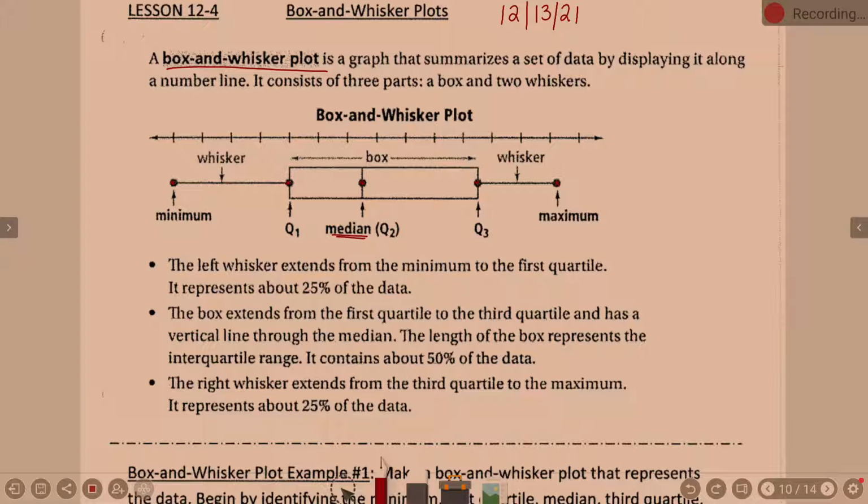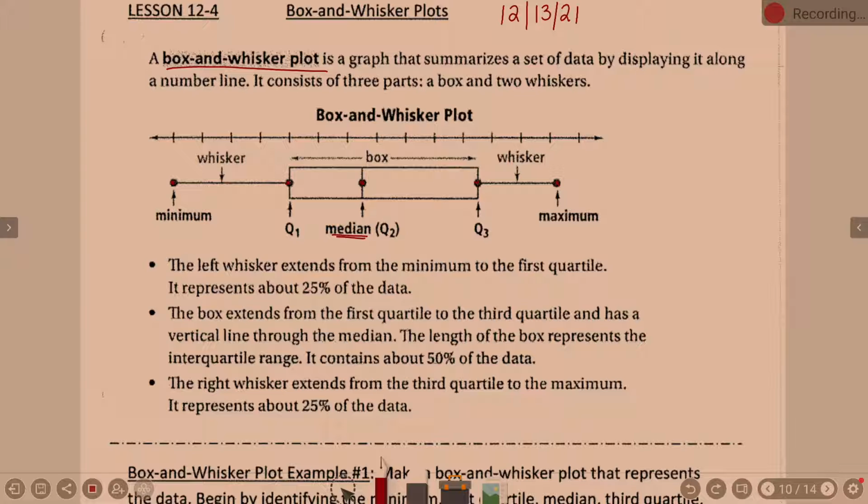So we'll find the median, that breaks our data into half. Then, after we look at our numbers, we'll find the median of the lower half, which is quartile 1, also sometimes known as the lower quartile. Quartile 3, sometimes the upper quartile, is the middle of the upper half.